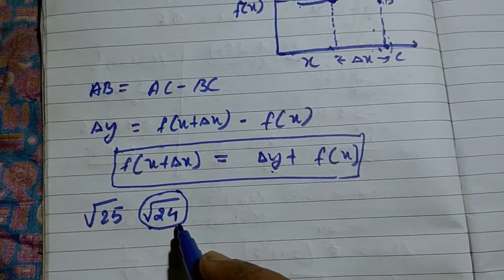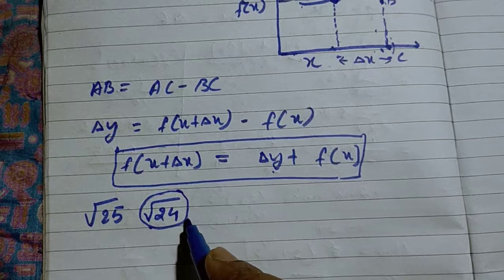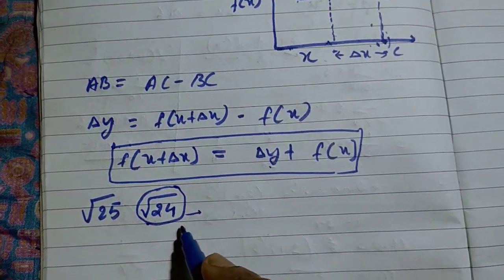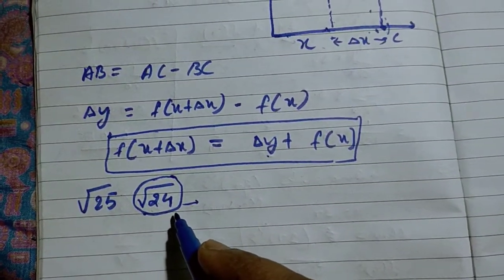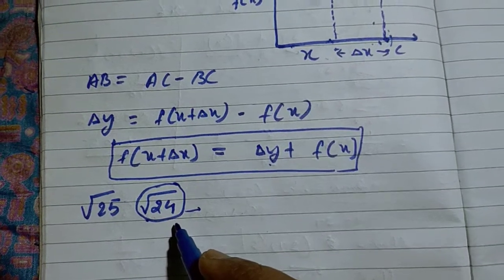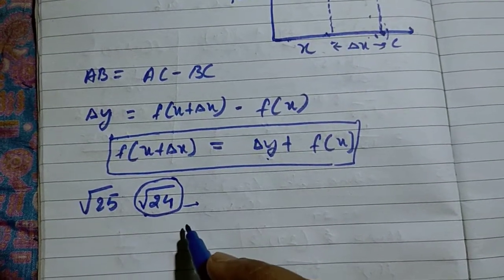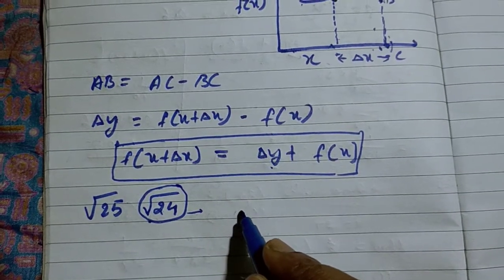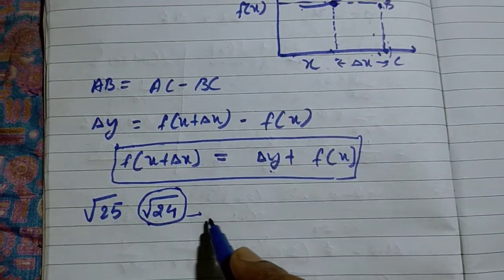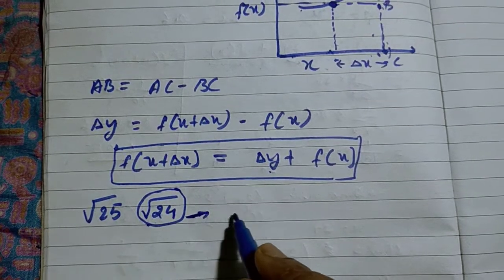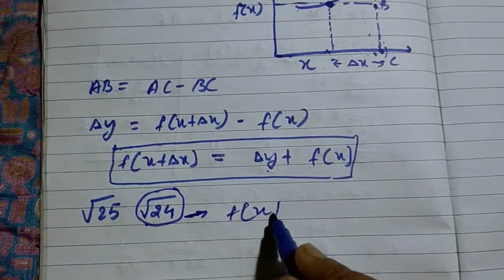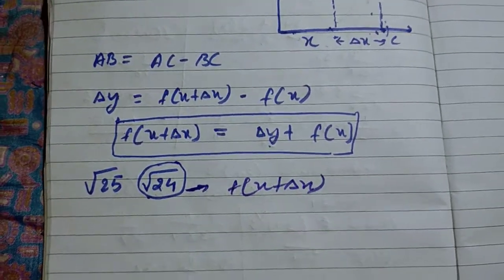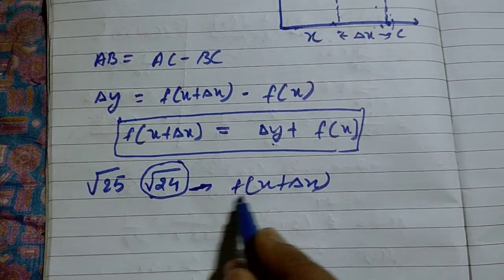Let us see how. We have to look for such a value which is nearest to 24 and having perfect square. That is 25 only. So we will write it. This given value is f of x plus delta x. This is x plus delta x.